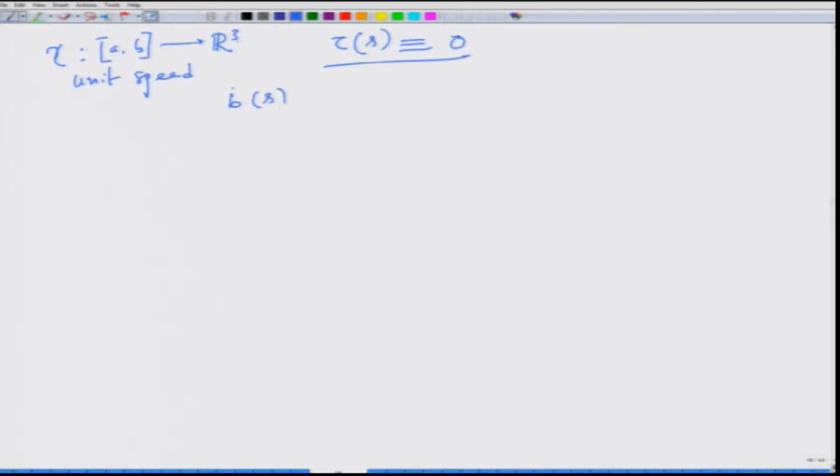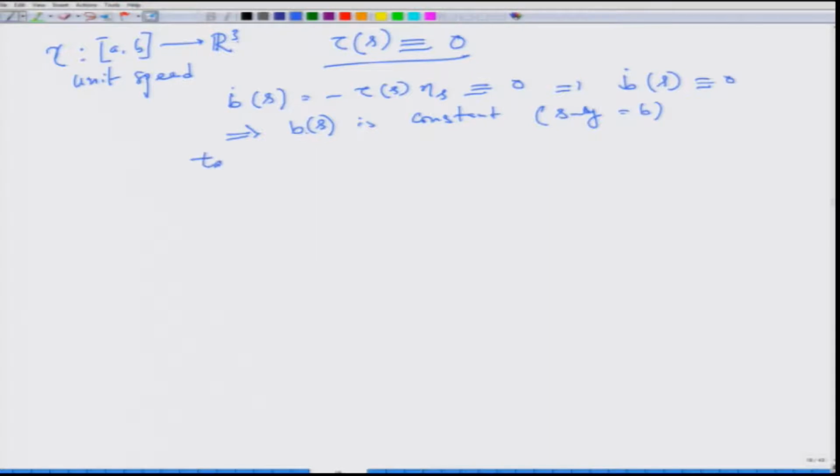B dot s, which is minus tau s eta s, is 0 identically. That means B dot s is 0 identically. What does it say? B s is a constant, say equal to B. Now, T s dot B: the binormal is perpendicular to both T s and eta s from the previous one.